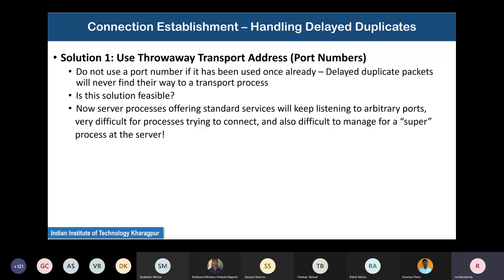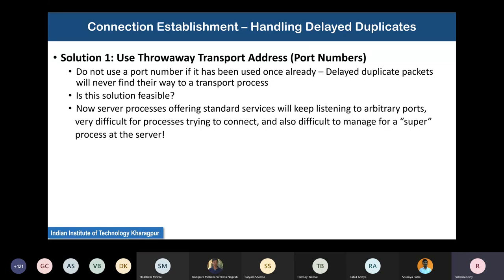Now we will consider, one after the other, the different solutions that have been proposed. First, we will consider some solutions which are not really practical. People have thought about them and then rejected them. The first one was: I require an identifier for any connection.